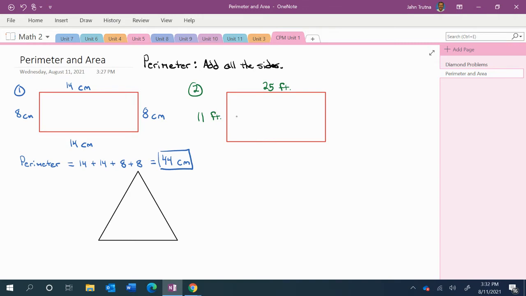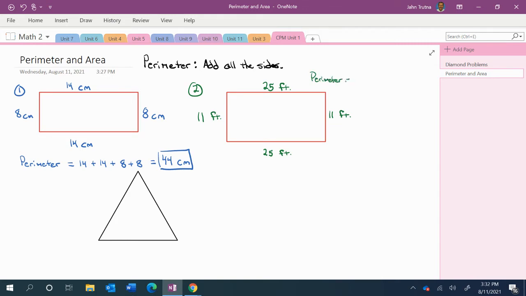Since it is a rectangle, that means that if the top side is 25 feet, the side opposite of it would have to be 25 feet, which would be the bottom. If the left side is 11 feet, that means the side opposite of it, which would be the right side, is 11 feet.